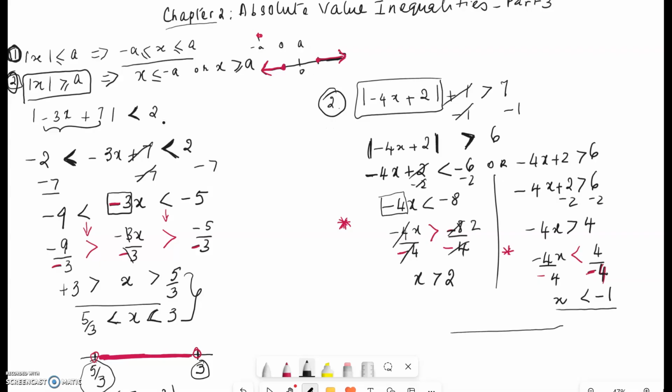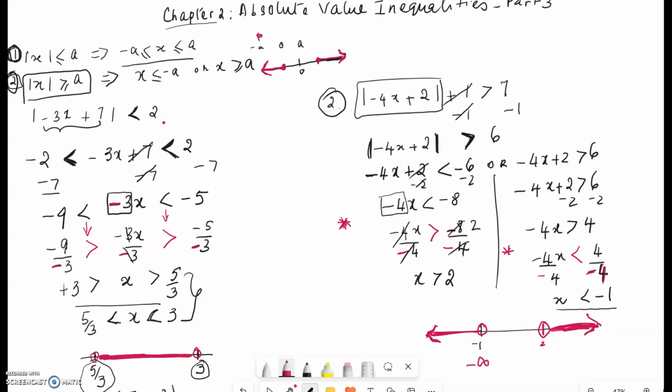So x is either less than negative 1. So let's look at what that looks like. Any number less than negative 1 goes on forever here on the left. It's a strict inequality, so there's a hole. And then if this is a 2, make a hole there, and x greater than 2 is everything to the right of 2.